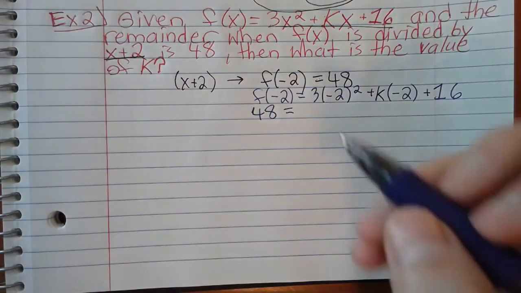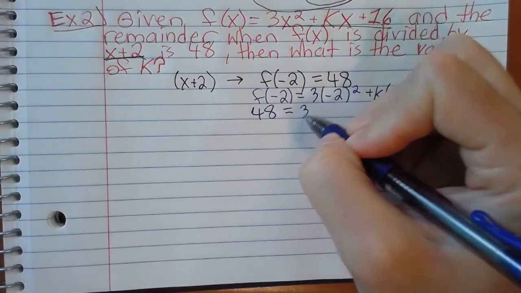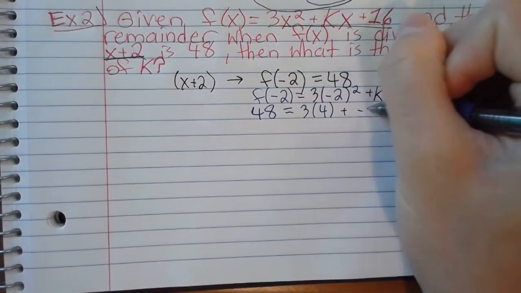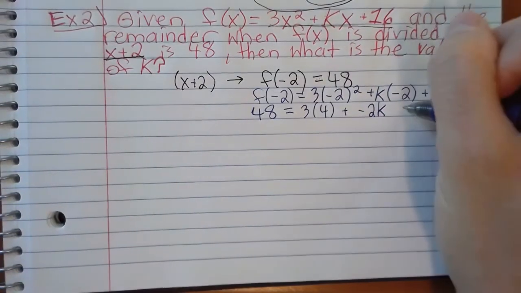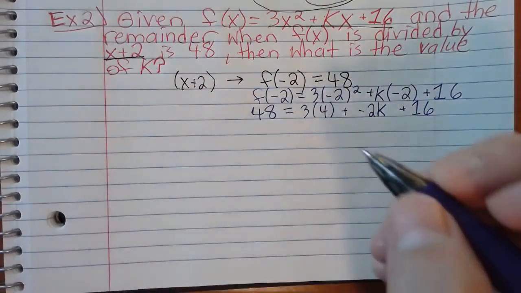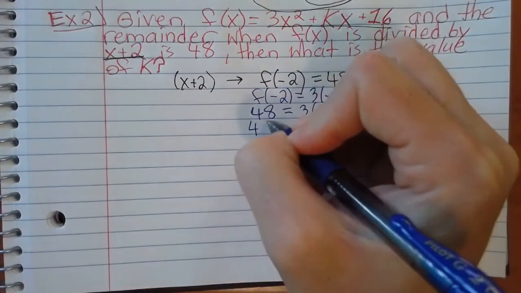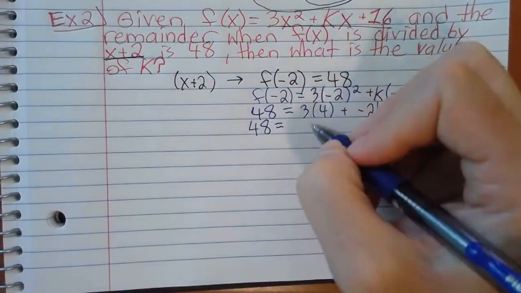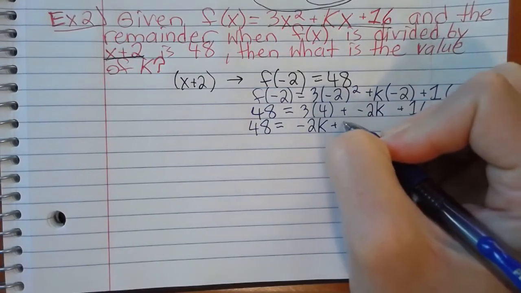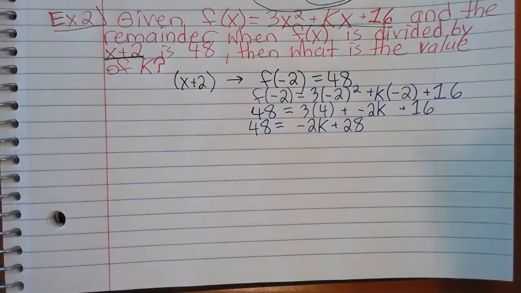We have 48 is equal to 3 times 4 plus negative 2k plus 16. And that means that we have 48 is equal to negative 2k plus 28.